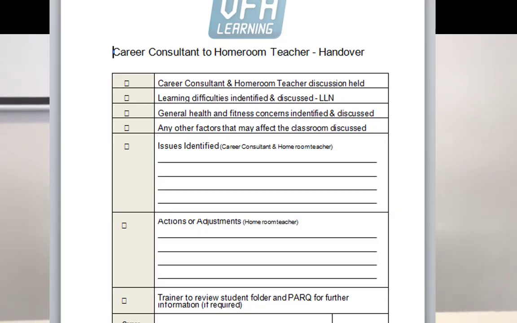So Stu, how do the career consultants collect information on special needs of students? It's usually done through the pre-training review and application process. So is there a special form that's completed? There is. Once all the evidence has been collected, they'll do a homeroom handover checklist, which is pasted on the inside generally of the student file.